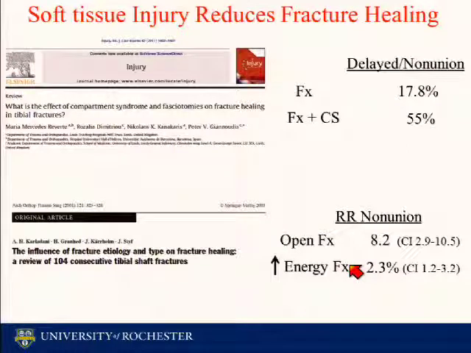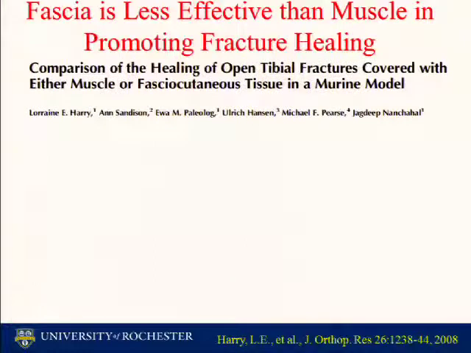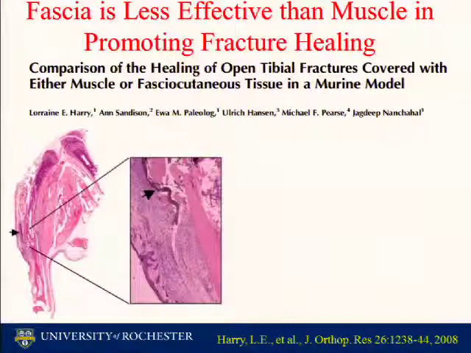So in terms of the various components of the soft tissue envelope, it's evident from experimental studies that muscle is the key component. This is a study that looked at the relative contribution of the fascial component associated with an open fracture where there was injury to the periosteum.